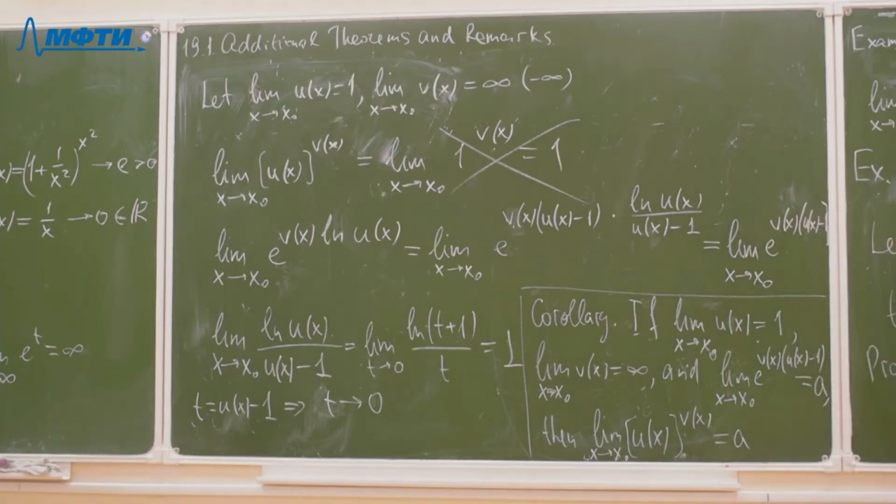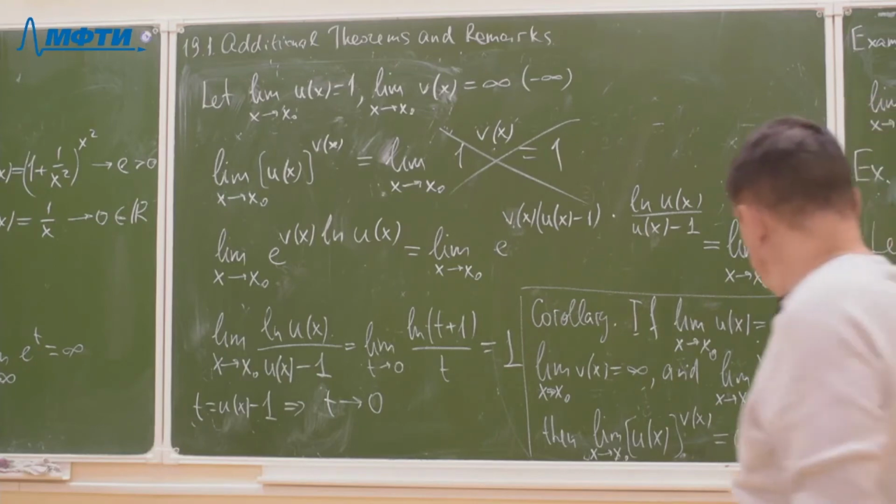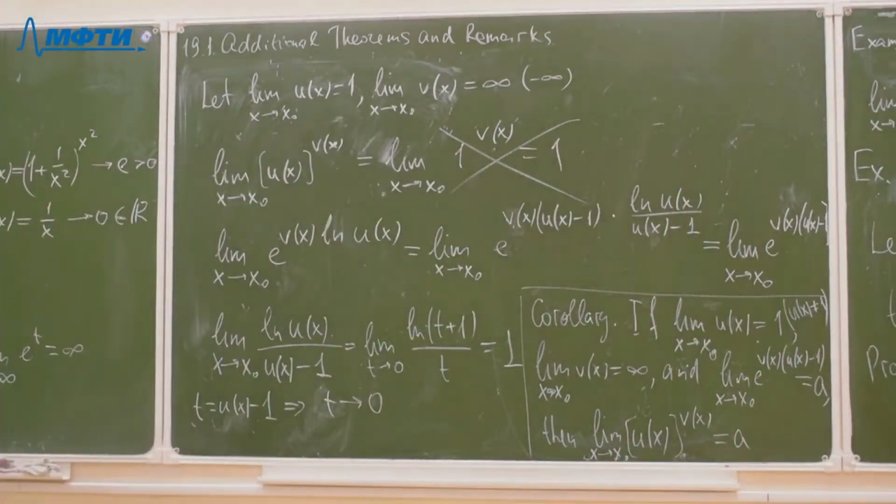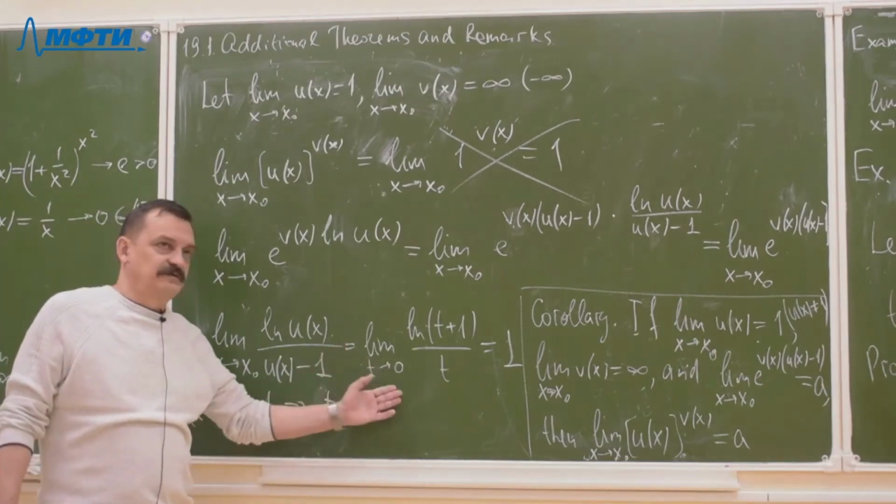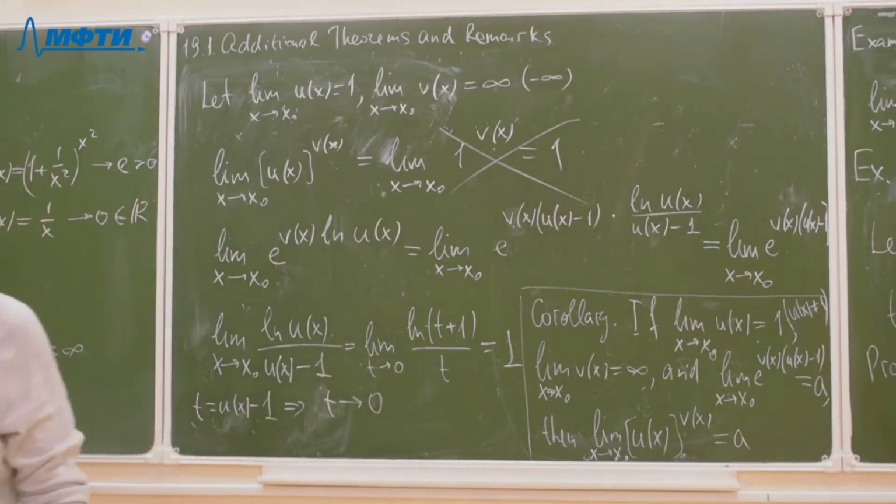There is only one exclusion. We should also suppose here that u of x is not equal to 1 in a neighborhood of x naught. Because here we use the limit of composition, right? And for the limit of composition, there is a condition when you can use it.